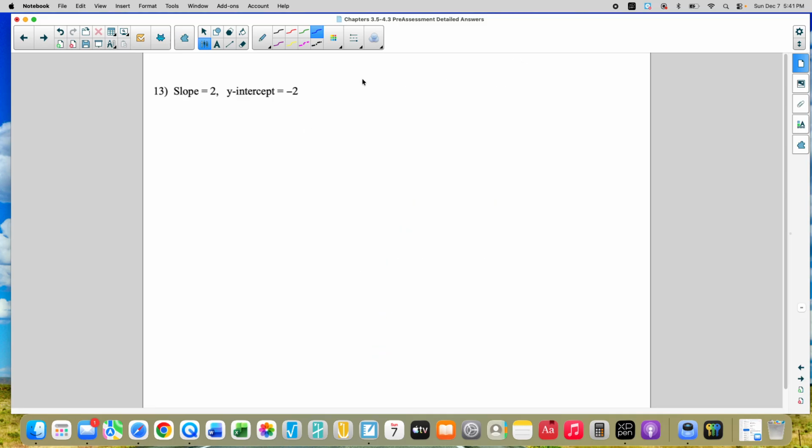Same thing, we are given the slope and the y-intercept, so A. So my slope, this is the point 0, -2. So we can do that. Oh, my arm hurts. y minus -2 equals 2.